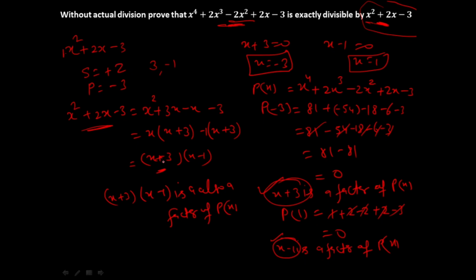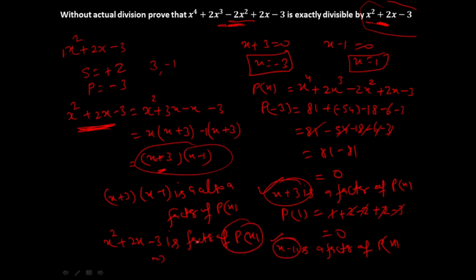This product is nothing but this polynomial. What is that? x squared plus 2x minus 3 is also a factor of p of x. Now, what is the meaning of this being a factor of this? It means p of x is exactly divisible by x squared plus 2x minus 3. Hence proved.